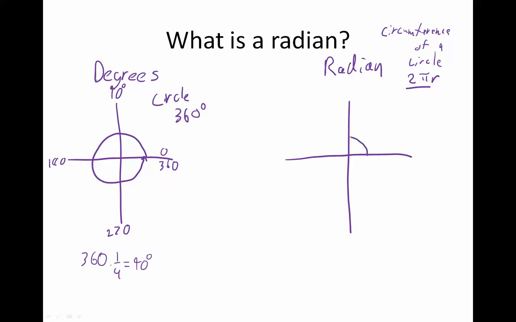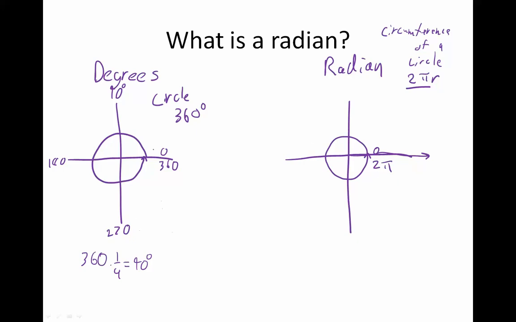And that's what a radian is. It is a measurement that has the circumference of the circle of radius 1 as its method of measuring. So a 0-degree angle pointing out in the initial side would be there. A full rotation would be 2 pi.